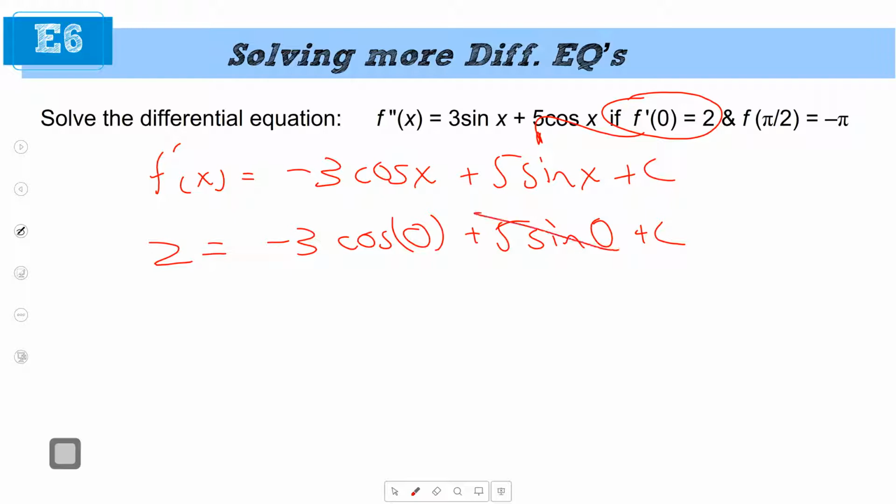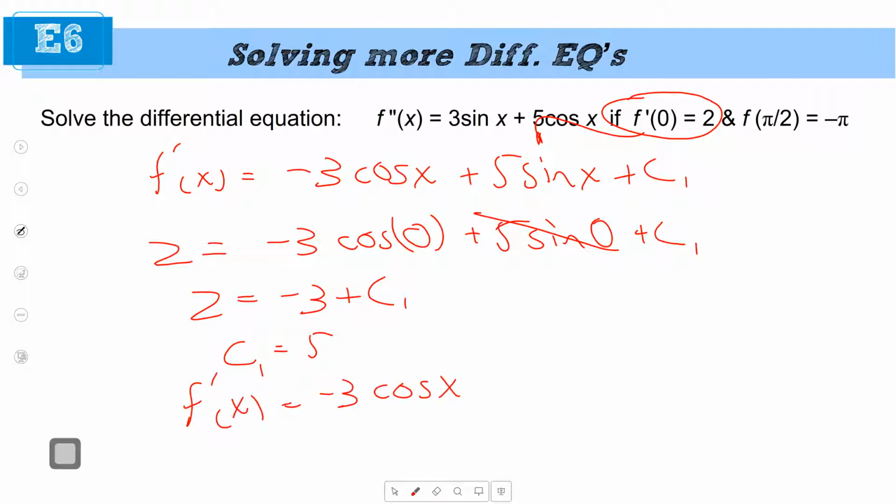Sine of 0 is 0, that goes away. 2 equals negative 3 plus c. I'm going to call that c sub 1. C sub 1 is equal to 5. Therefore, f prime of x is negative 3 cosine x plus 5 sine x plus 5.